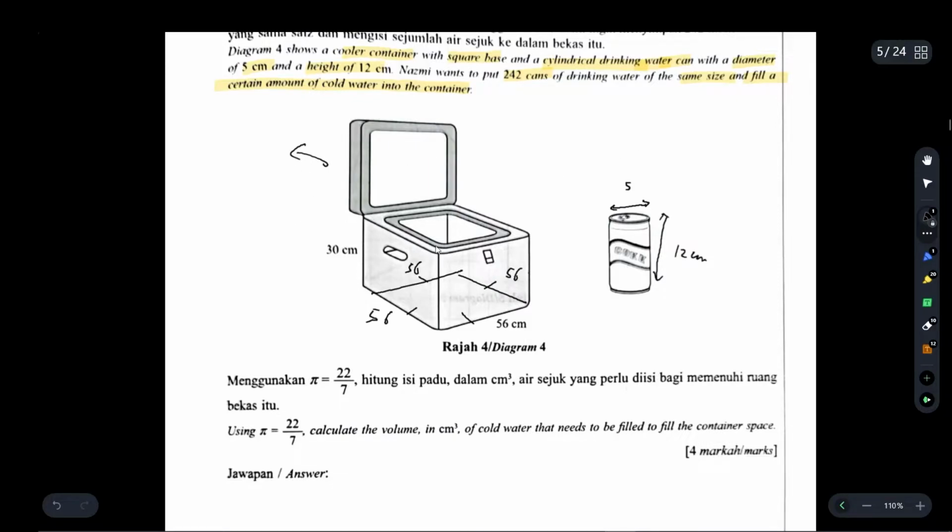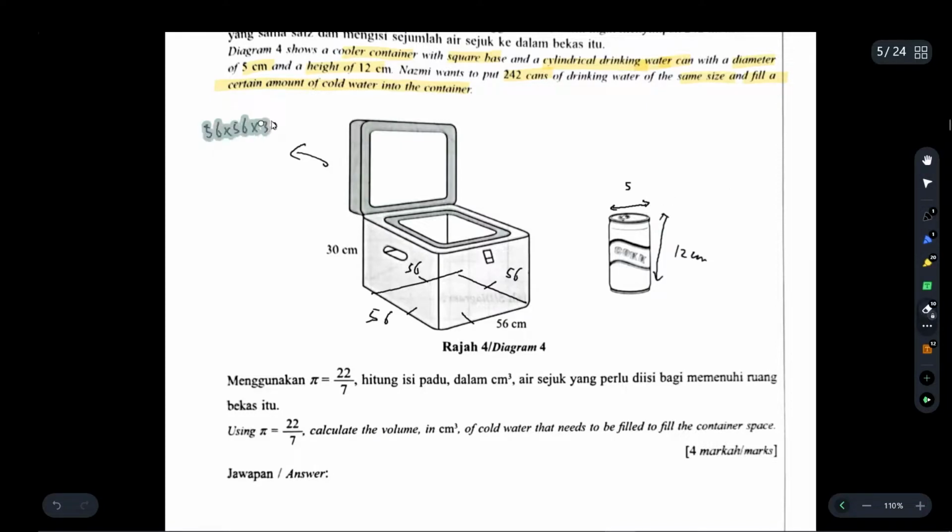This is pretty simple. This is basically a cuboid. The volume formula for the cuboid is base times height times the other base. So it's basically 56 times 56 times 30. Should I write here? I'm not sure. Maybe I should.